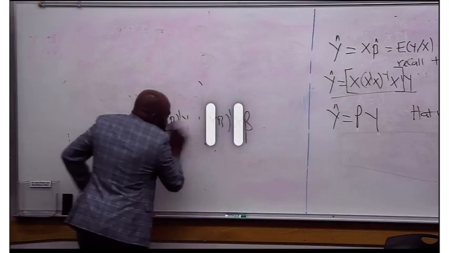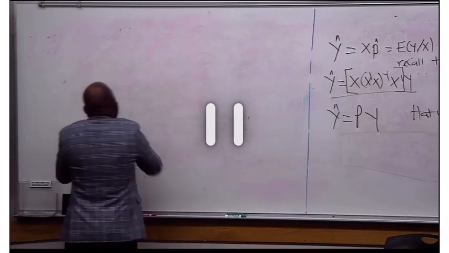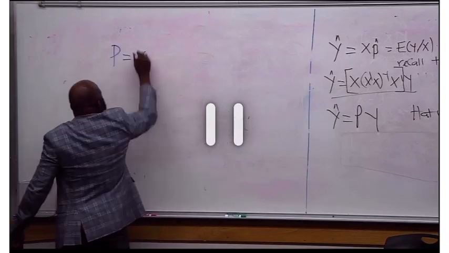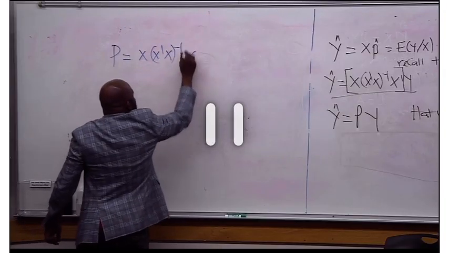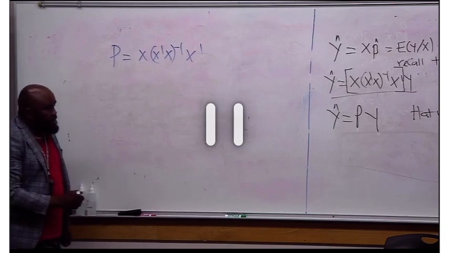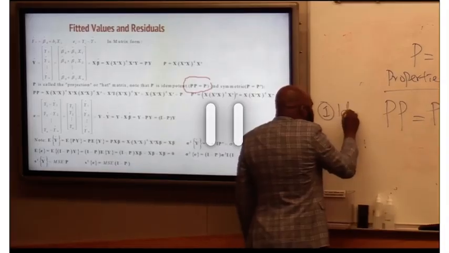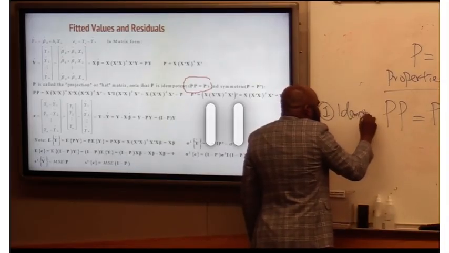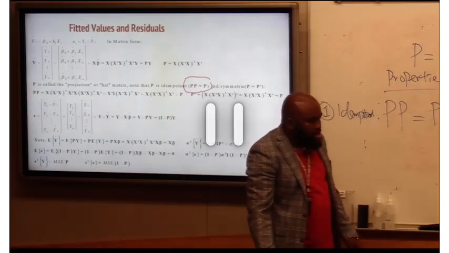I said the validity of what we're going to be doing in this area depends on the properties of the hat matrix. One of the properties is that this multiplied by this must give this. We call it the number one property, to be idempotent. Idempotent in a matrix means when I use a matrix to multiply itself, it must give itself.